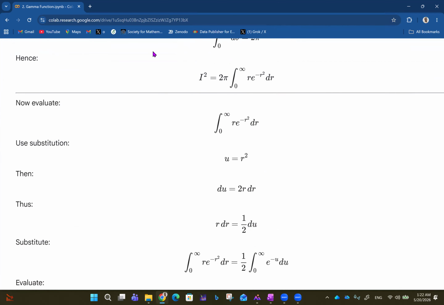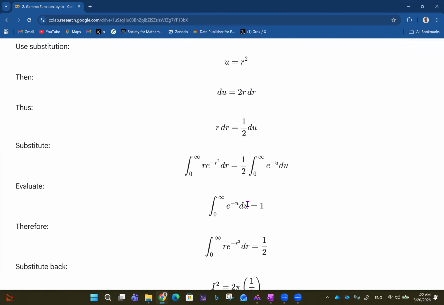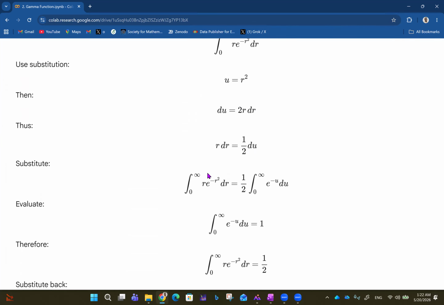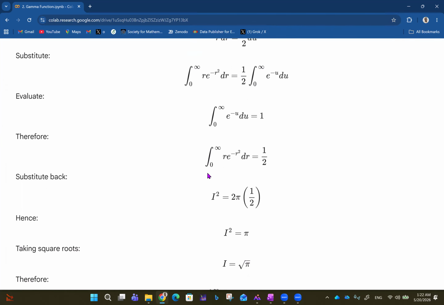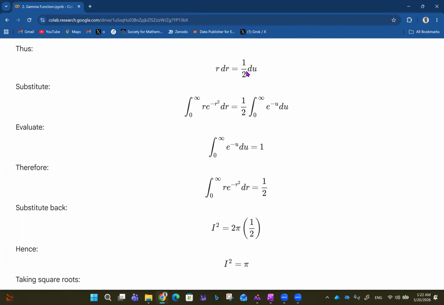If you use substitution, let u be r squared, then du is 2r dr. So r dr is simply 1 over 2 du. If you put all of that together, the integral from 0 to infinity of r e to the minus r squared dr is now 1 over 2, with e to the minus u remaining, and r dr going to du.